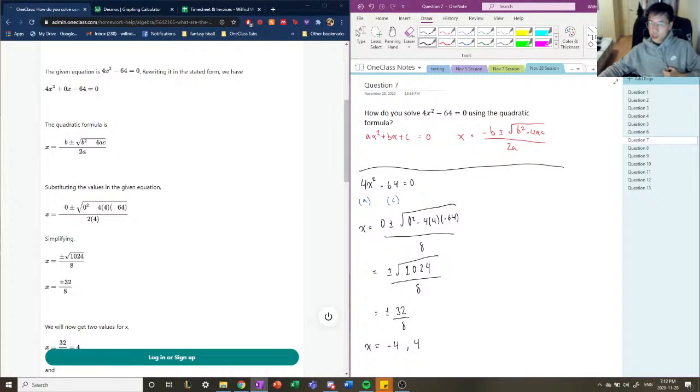And just one thing to note: I said previously that there are 3 techniques. You can use the quadratic formula, you can factor, or you can graph it, right? In my case, and in a lot of cases, I really like to apply the quadratic formula when it's not easily factorable or easily graphable.